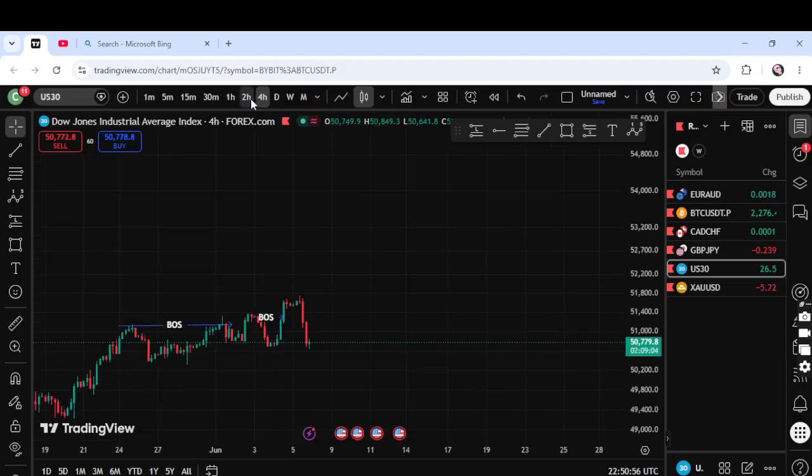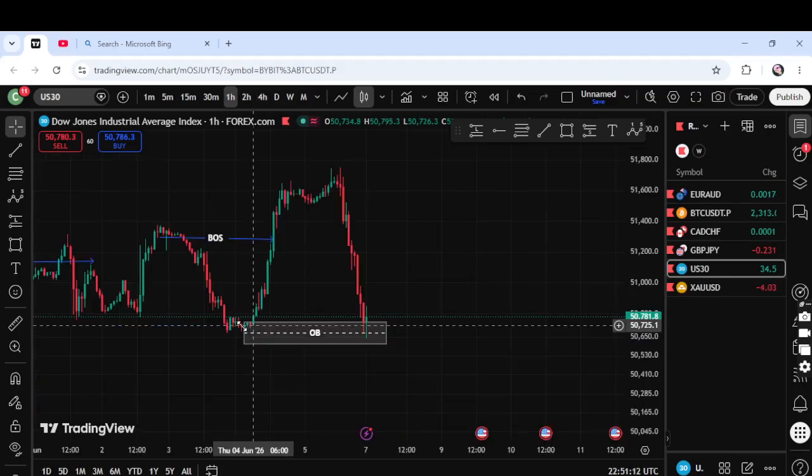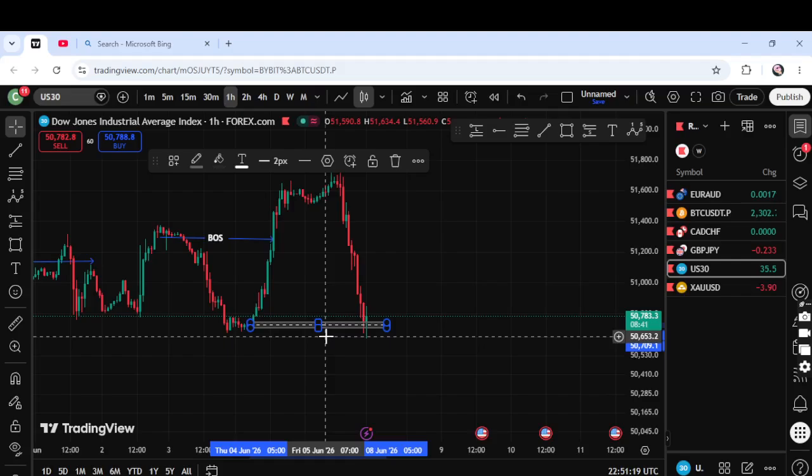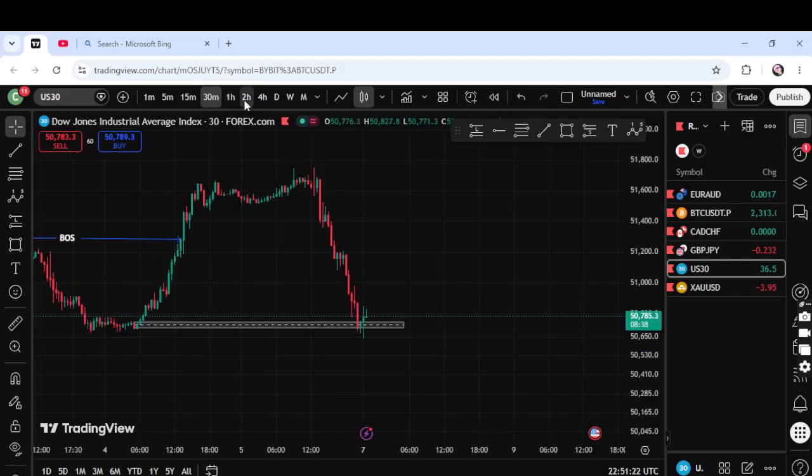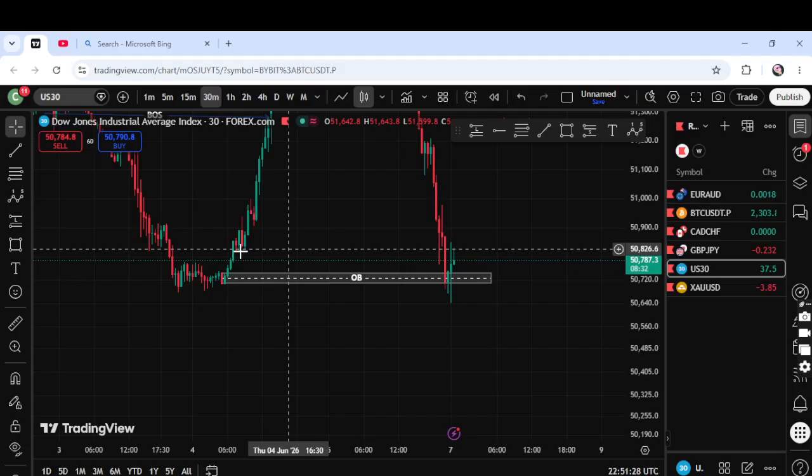Two hours, the break of structure here, other block. 1 hour, 30 minutes, 15 minutes. So it looks like a support.